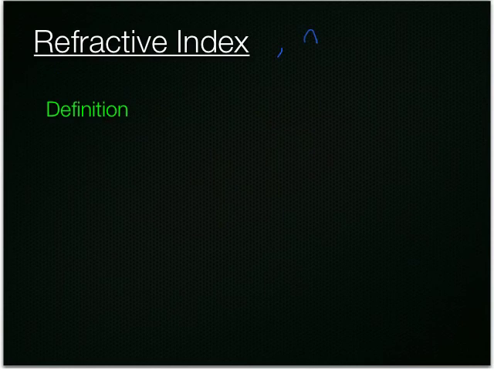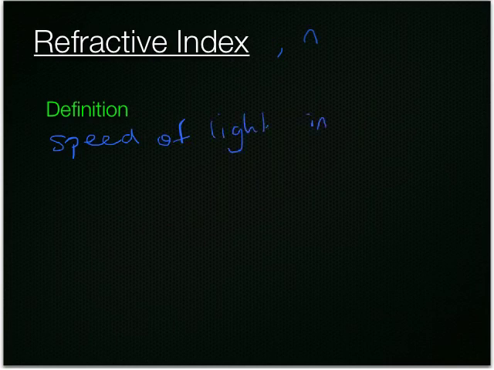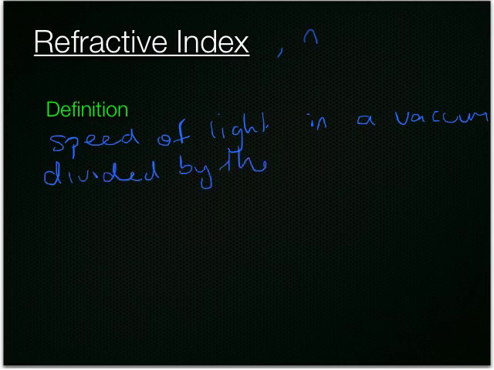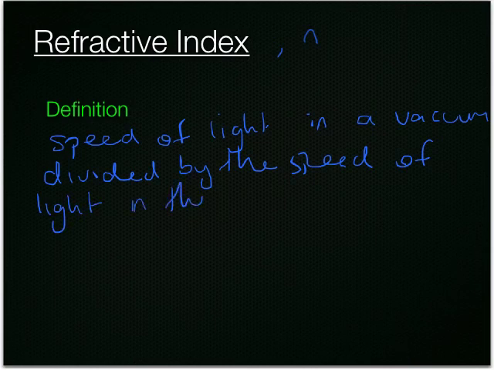You can define it as the speed of light in a vacuum divided by the speed of light in the medium. Okay, so that is your definition.